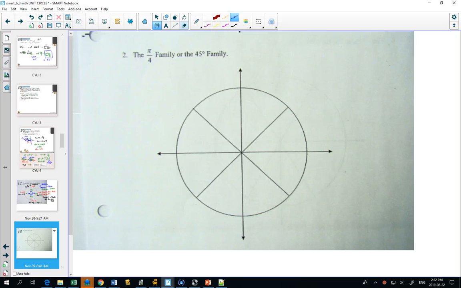So this one's 45, this one will be 135. If my reference angle is 45 degrees, what's the angle going to be in quadrant 3? 225 degrees. What's the 45-degree family member in quadrant 4? 315.